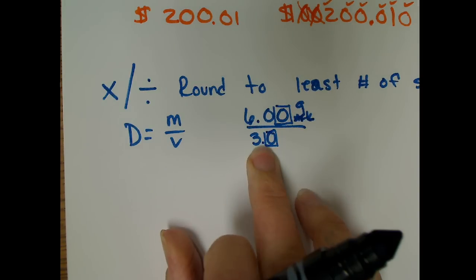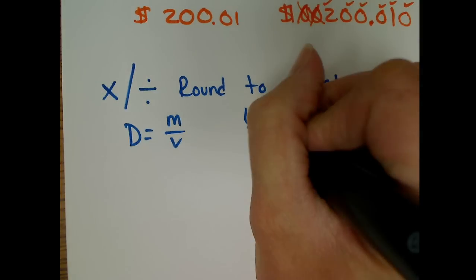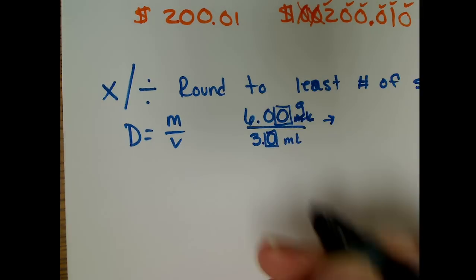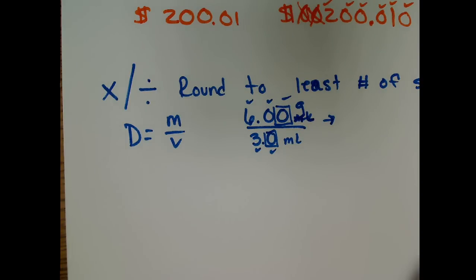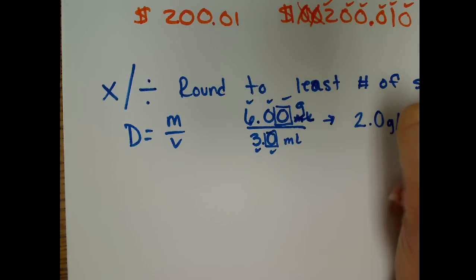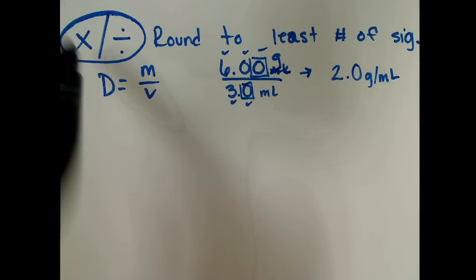This piece of equipment is less accurate, so my results have to reflect the less accurate piece of equipment. This one had 3 sig figs, this one had 2, so my answer is going to be into 2, which is 2.0 grams per milliliter would be my density. That's how you use it.